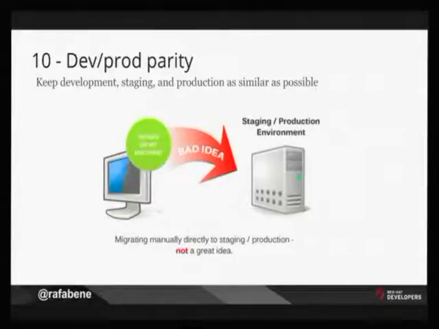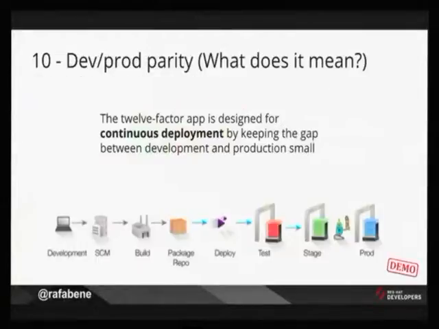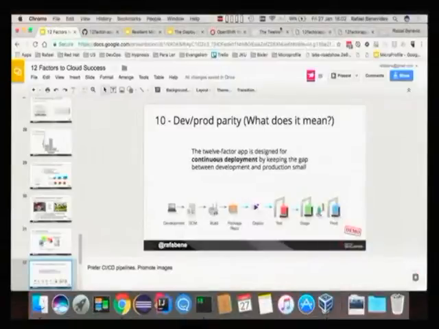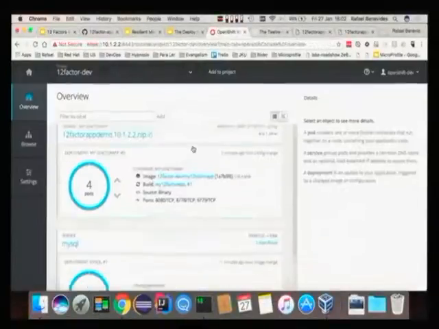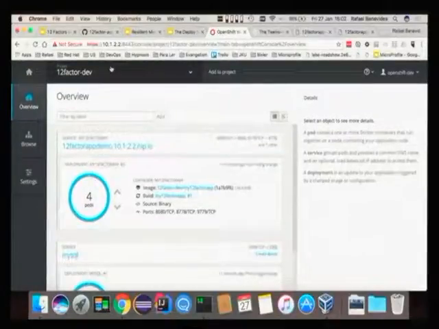So the way that I suggest doing that is to use the same cluster of containers and separate it using namespaces to avoid the problems of using different environments. And of course, using a continuous integration and continuous deployment pipeline. For example, I have this application running in my development stage.